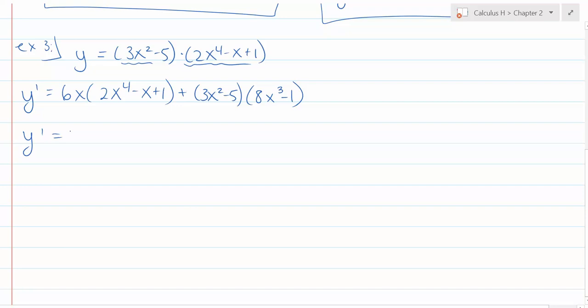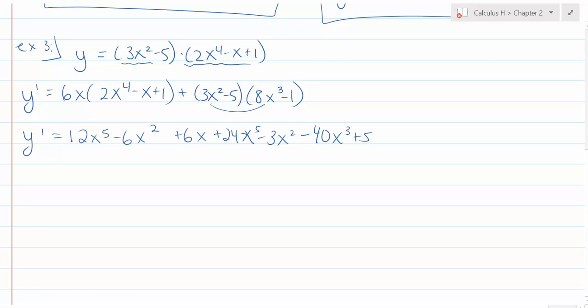If I multiply everything out, I'm going to get 12x to the fifth minus 6x squared plus 6x plus 24x to the fifth, and I'm doing the second one here, doing FOIL, minus 3x squared minus 40x cubed plus 5. And what I was doing, I was just doing FOIL.